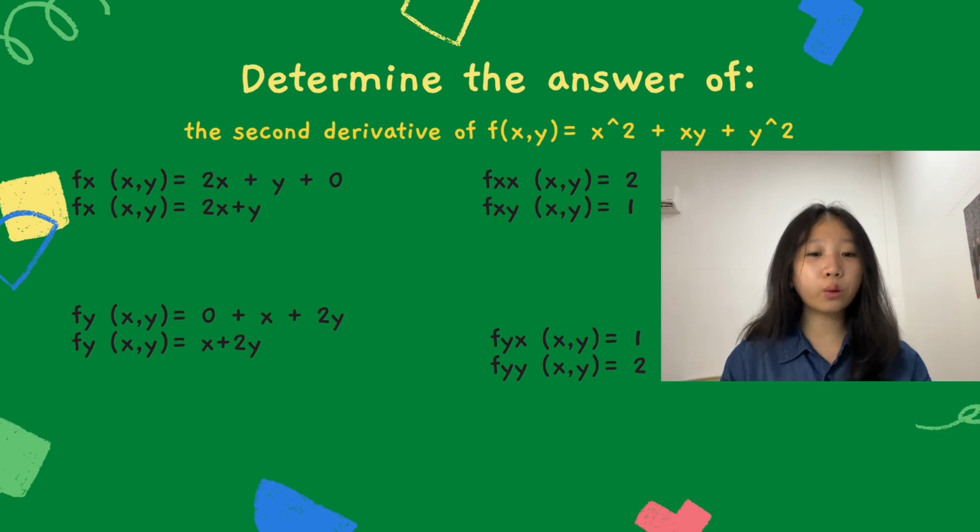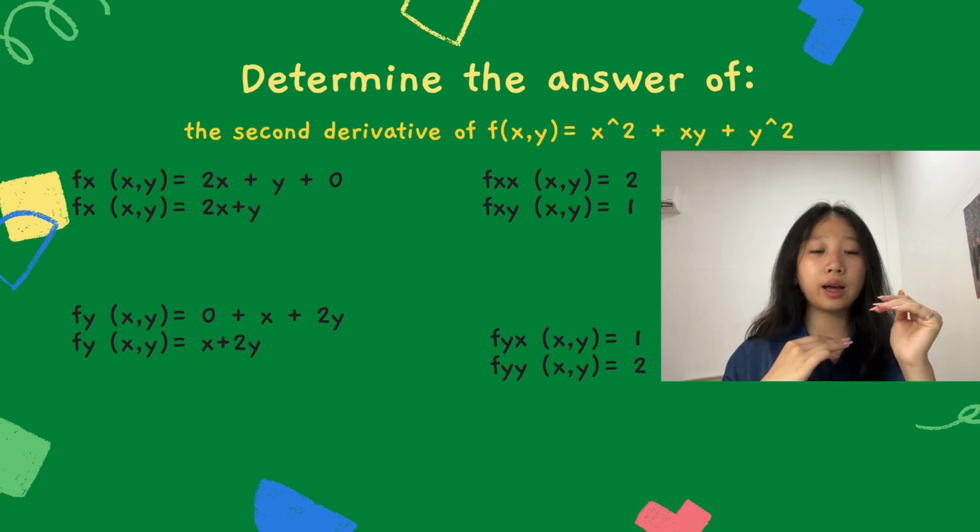For fy of (x,y), for x squared it is 0, for xy it remains x, and for y squared it remains 2y, so the final fy of (x,y) is x plus 2y.